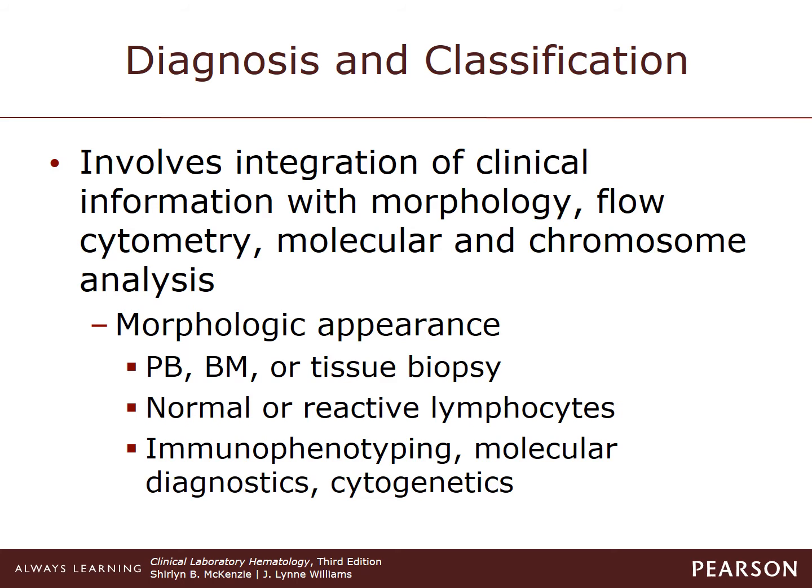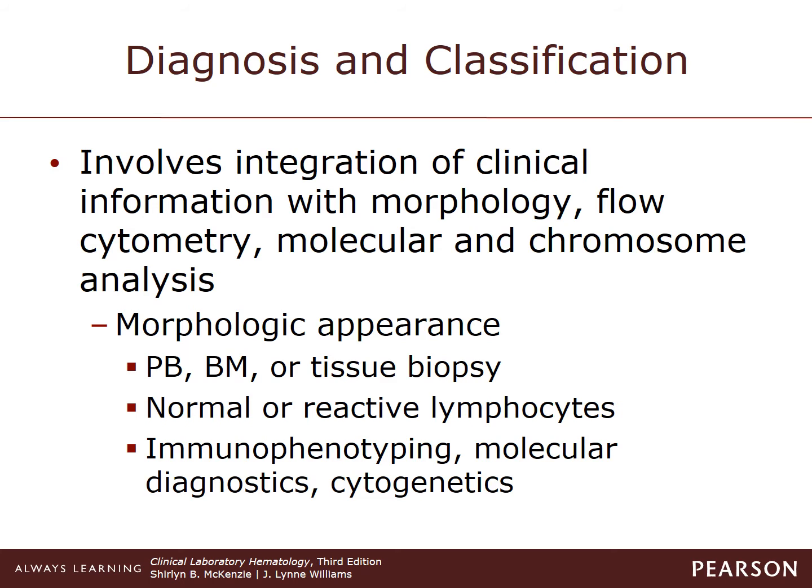The diagnosis and classification of these mature types of leukemias involve a series of testing with clinical information, in addition to morphological appearance. Those ancillary studies include flow cytometry, chromosome analysis, as well as molecular analysis.